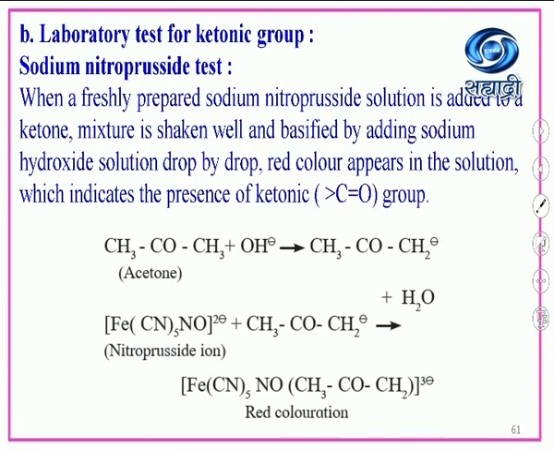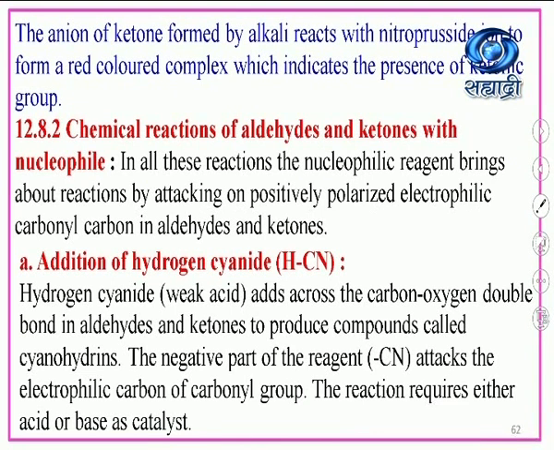What are the reactions? The next property we'll see is the chemical reactions of aldehydes and ketones with nucleophiles. In all these reactions, the nucleophilic reagent brings about reactions by attacking the positively polarized electrophilic carbonyl carbon in aldehydes and ketones.